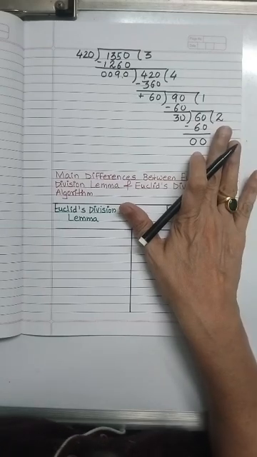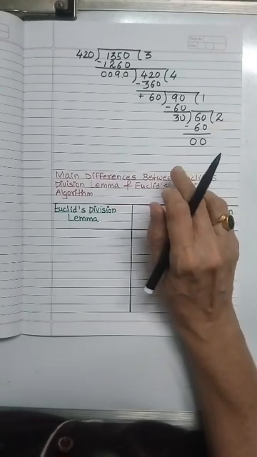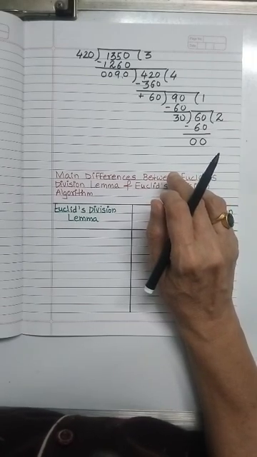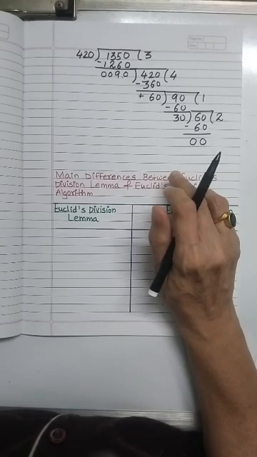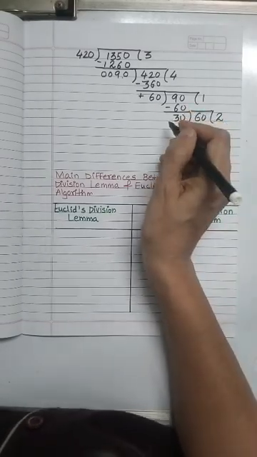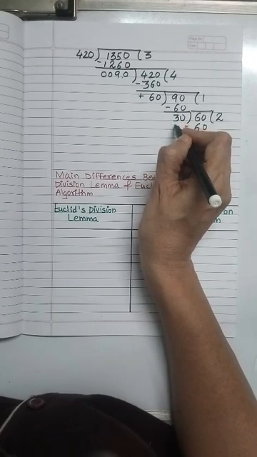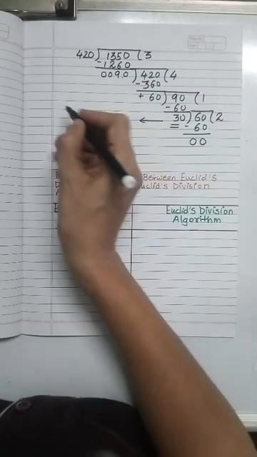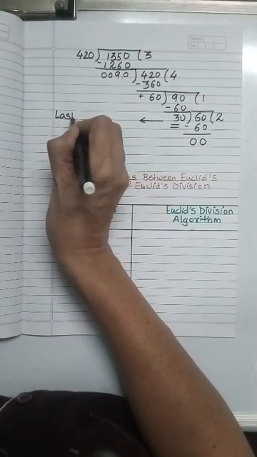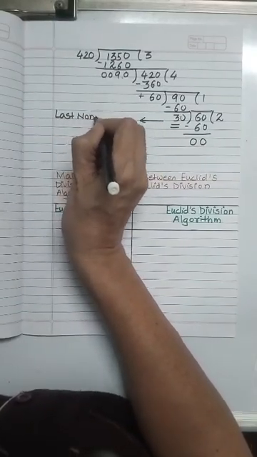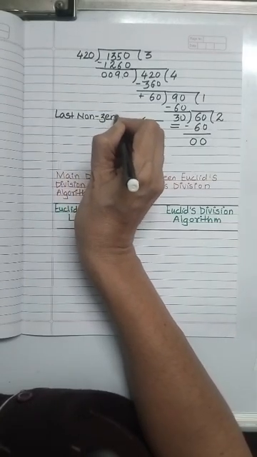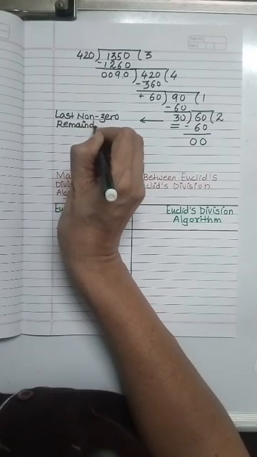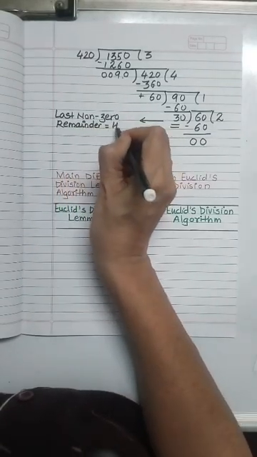Next step is to find the last non-zero remainder. The last non-zero remainder is 30. So 30, which is the last non-zero remainder, is equal to the HCF.